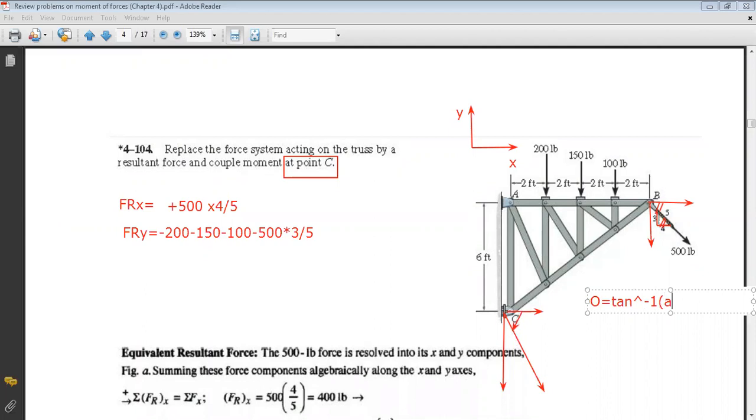So I will take the absolute value of F resultant in y over F resultant in x. And then I can determine the direction of my force. Okay, so we are done with the first step. Now the next step is still to find the resulting couple at C.